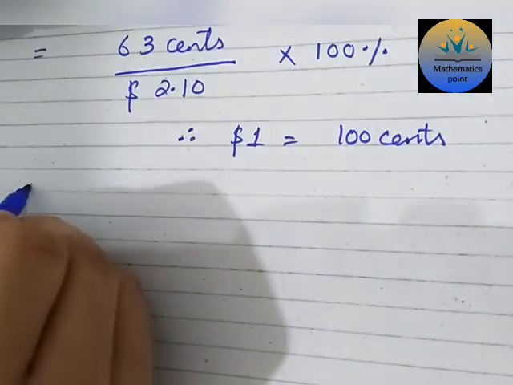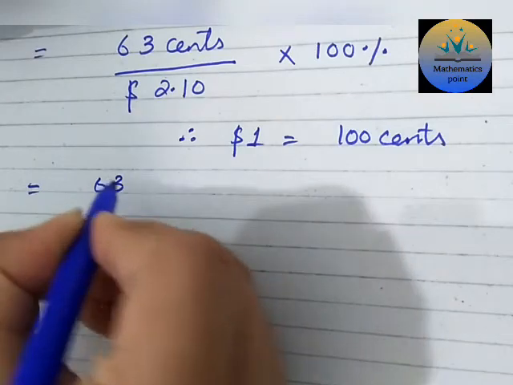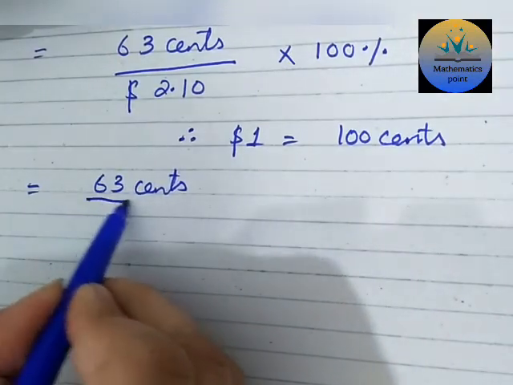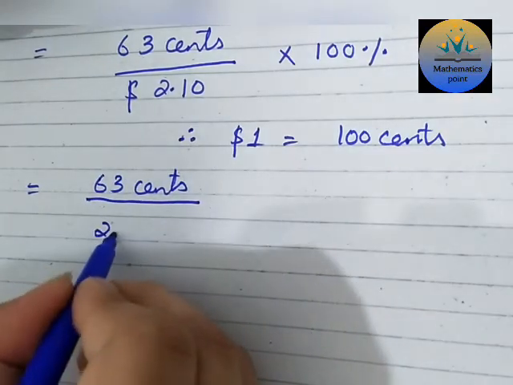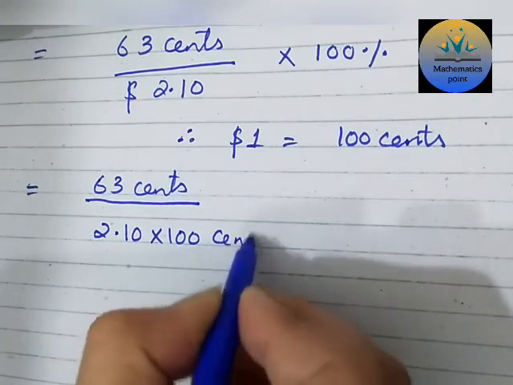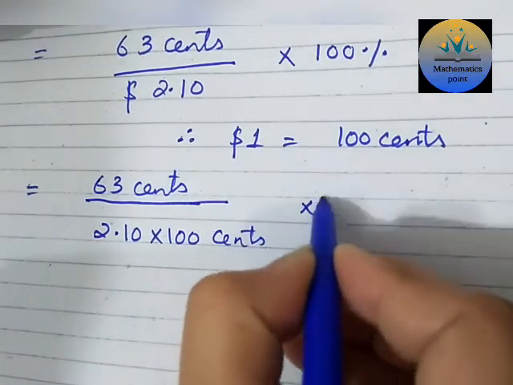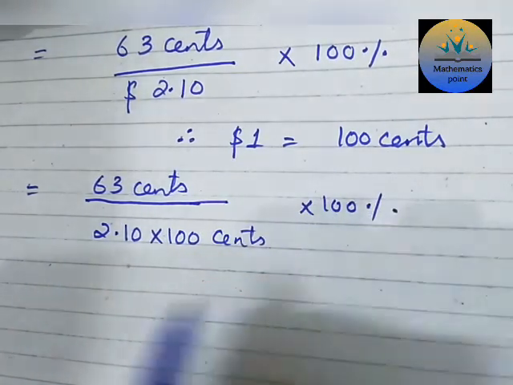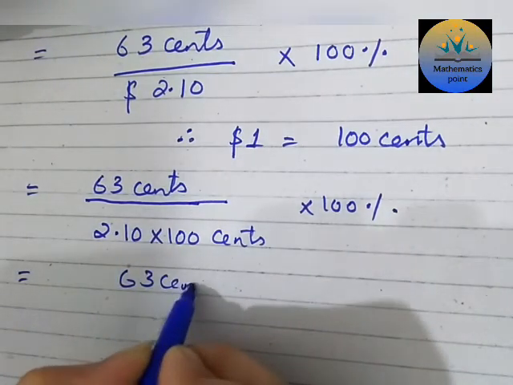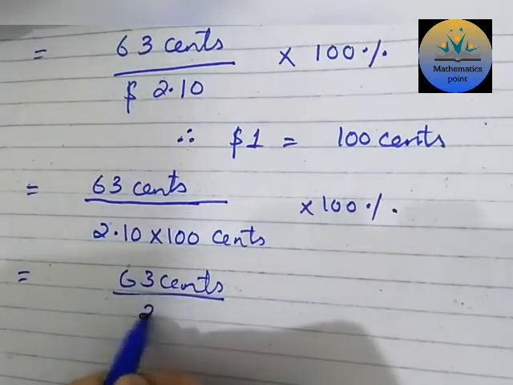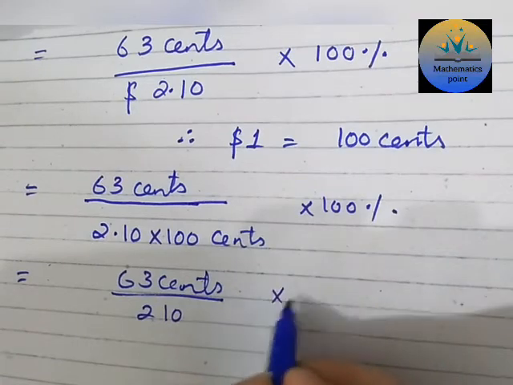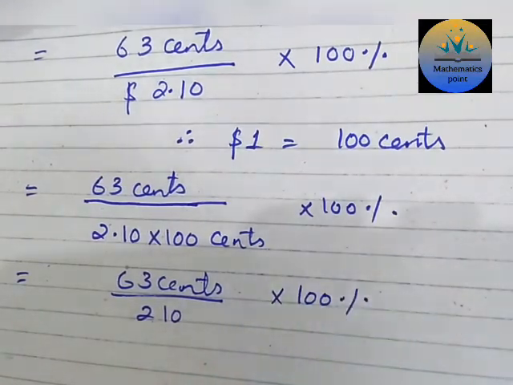Okay, 63 cents, 2.10 multiplied by 100. So give the answer in cents and multiply by 100%. It will become 63 cents over 210 cents multiplied by 100%.